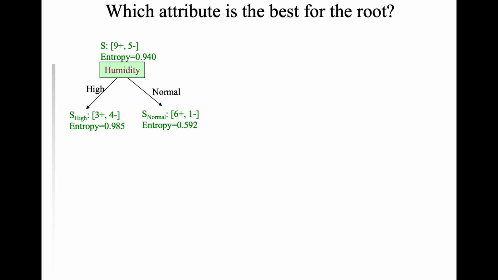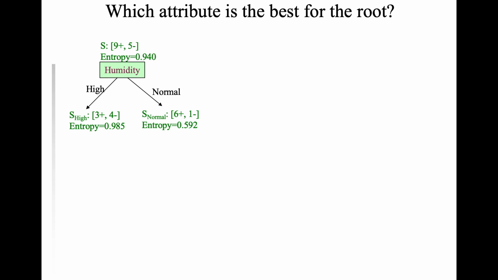How do we calculate the information gain here? The information gain is calculated based on the reduction in the amount of entropies before and after partitioning, okay? So what was the entropy before partitioning? It's entropy S, right?